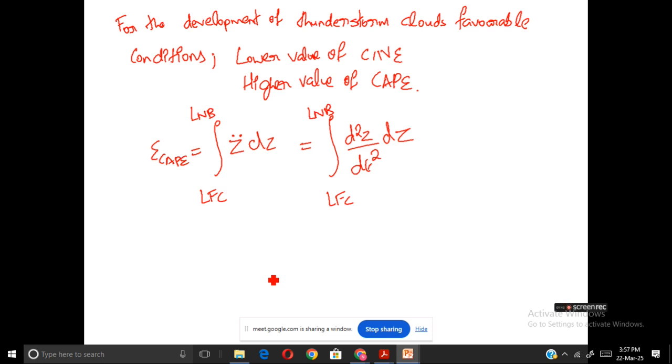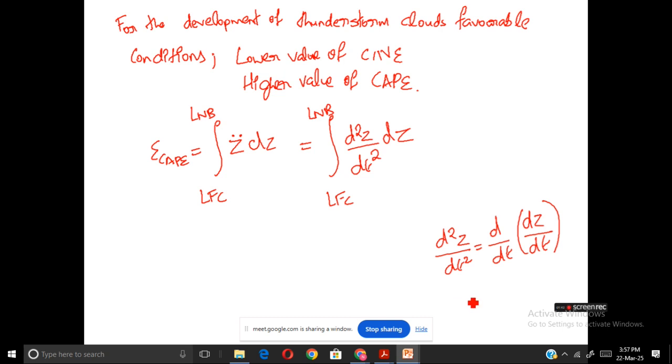So this d square z by dt square can be written as d by dt of dz by dt, and dz by dt is nothing but z dot.